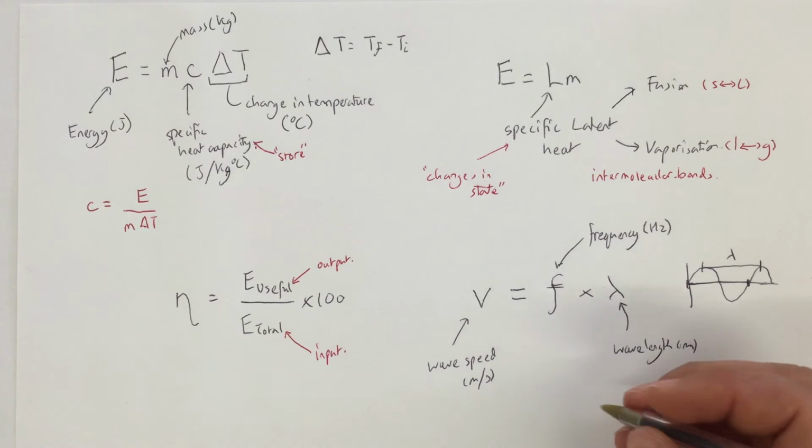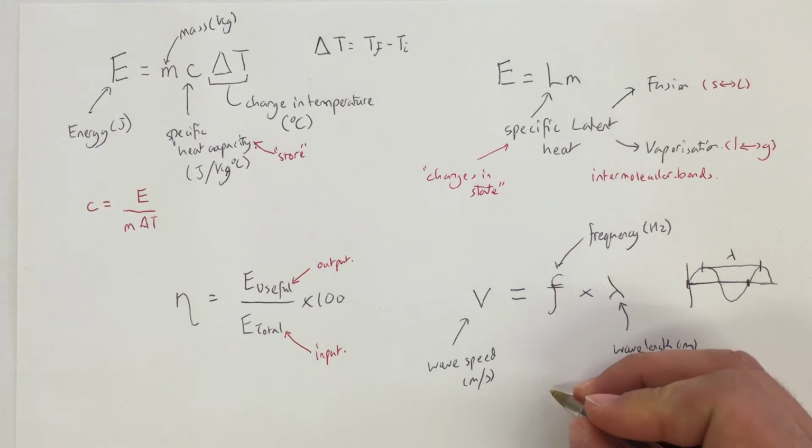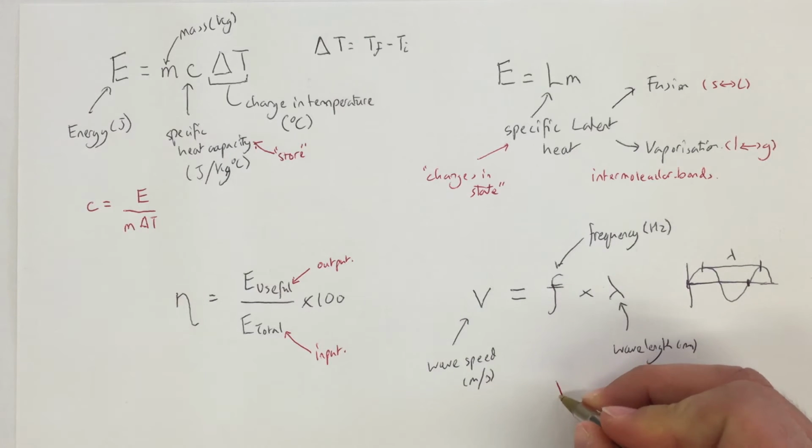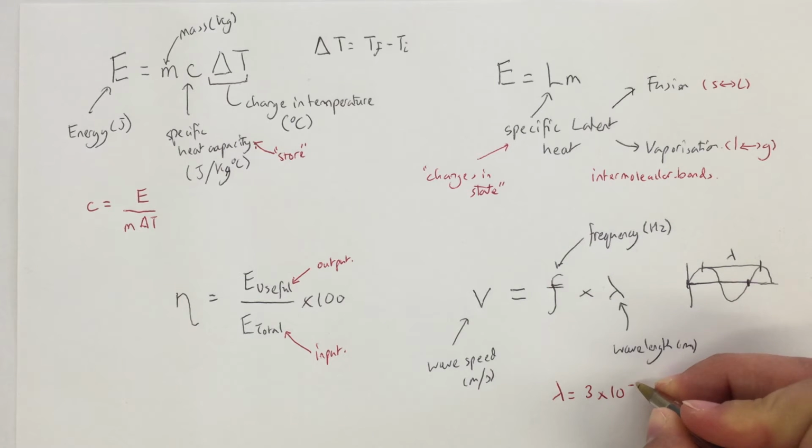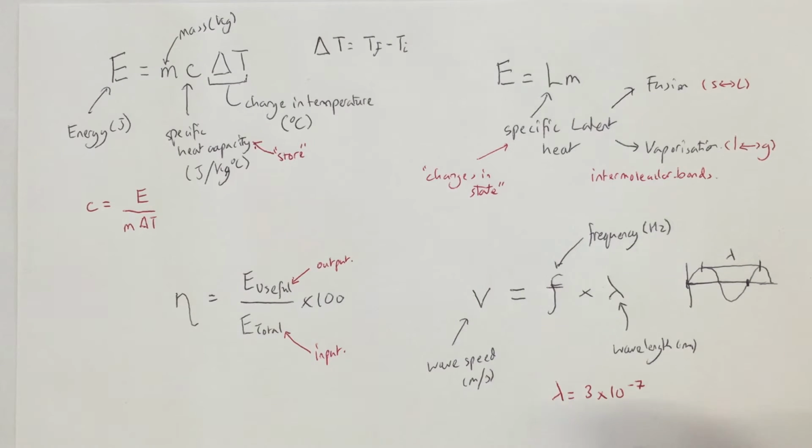So as an example, you might have a wavelength given to you for visible light. For example, 3 times 10 to the minus 7 meters, that would be just outside visible light. That would be violet, or starting to be ultraviolet light.